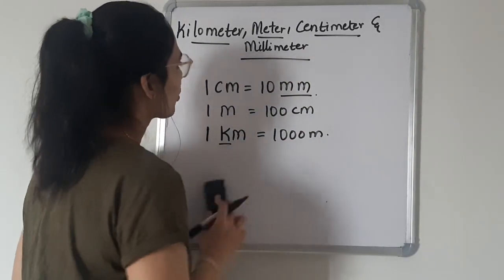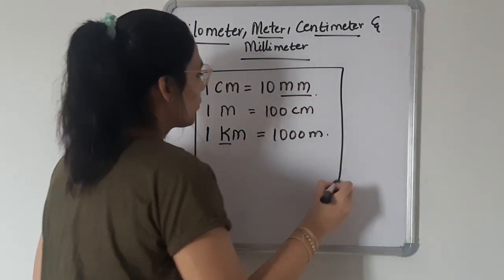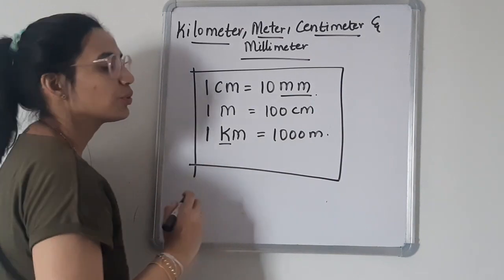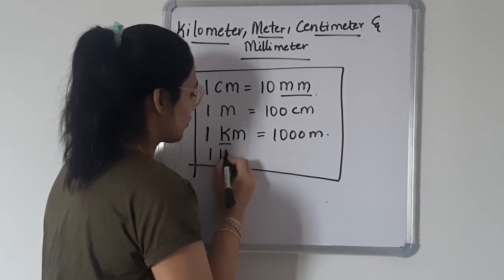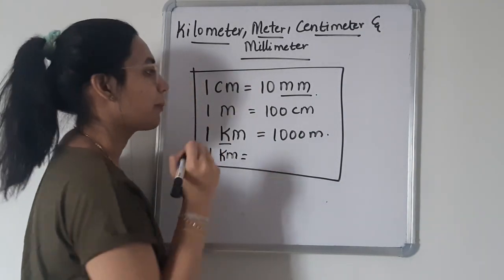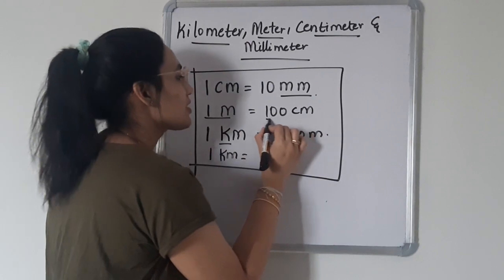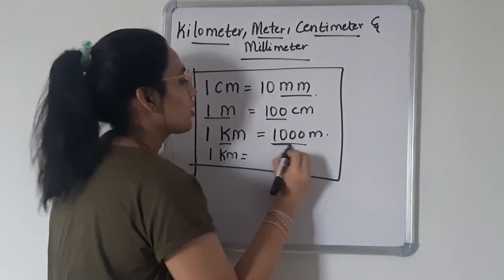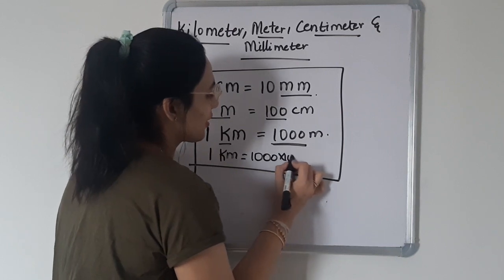So this is how you convert 1 kilometer to meters and 1 meter to centimeters. Now, in the same way, what is 1 kilometer in terms of centimeters? You know that 1 meter is 100 centimeters, and now 1000 meters is 1000 into 100.